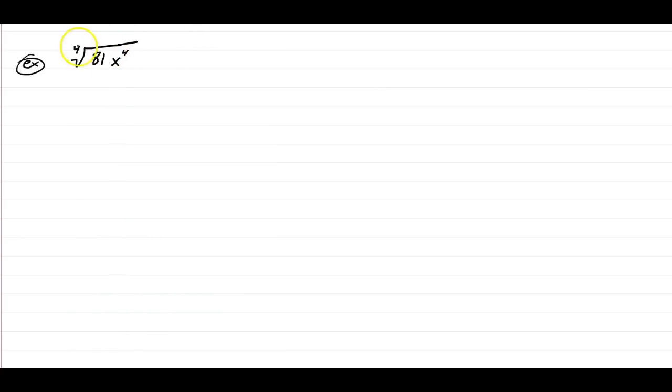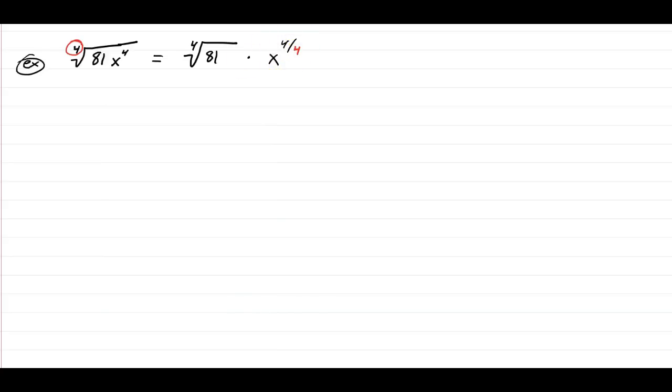Alright, our last example. We have an even power, so we have to be aware of this. So I'm going to rewrite it as the 4th root of 81 times x to the 4 divided by my index of 4.